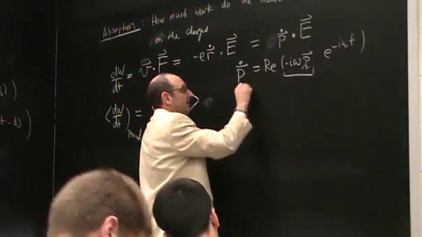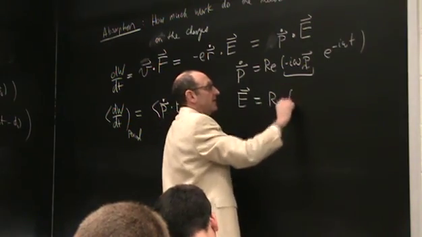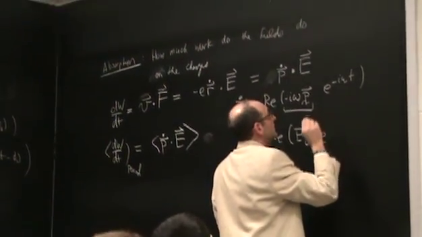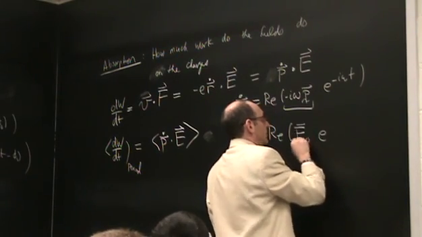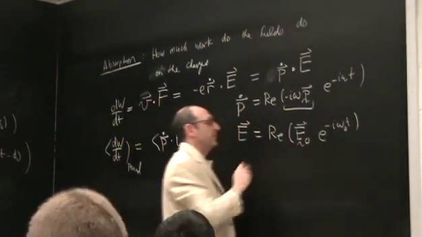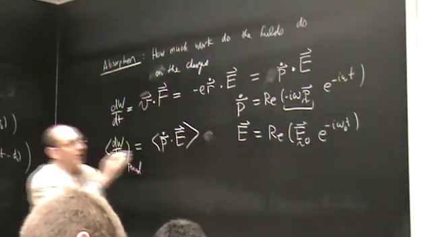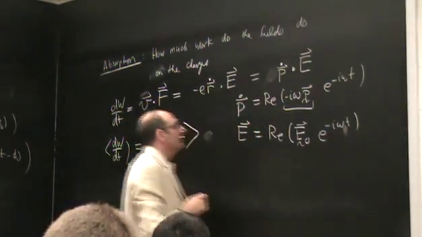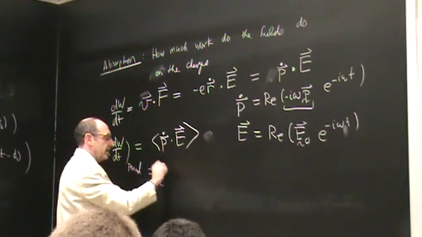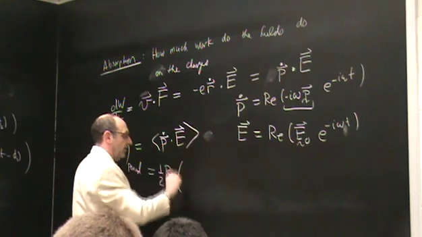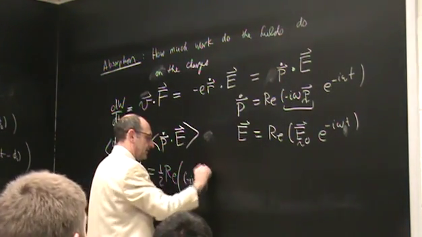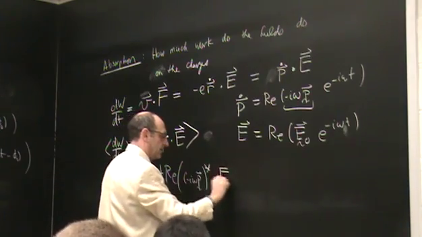And E is the real part of E naught twiddle, e to the minus i omega t. This is the complex amplitude of E. Sorry, no omega naught, it's omega. So the time average then is 1/2 the real part of the complex conjugate of one of these guys dotted into the other.